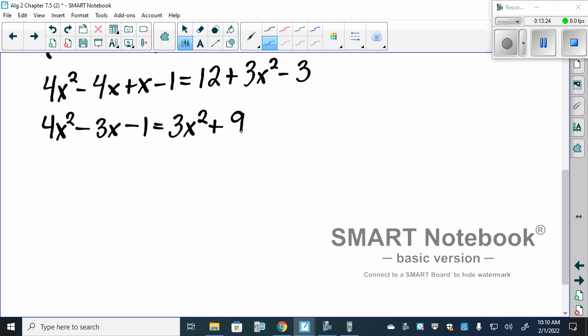Now we do have a quadratic, mainly because we see in 2 different spots we do have an x squared, yes?